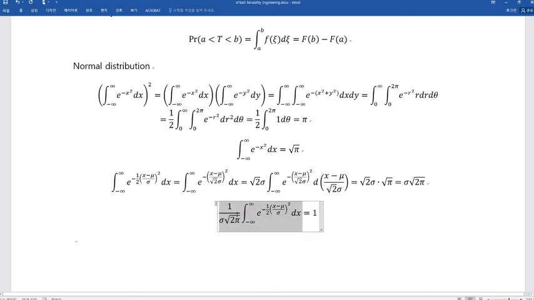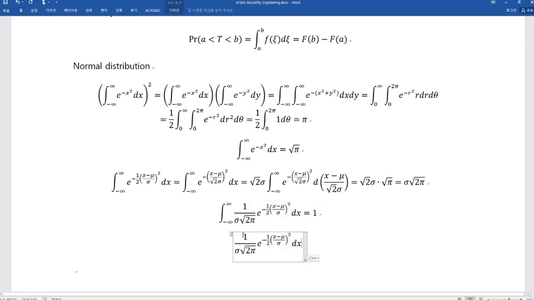And this would be a very important property for a probability distribution. So even if we insert this constant inside of the integration, the result will not be changed. This will be denoted as the function for the normal distribution.